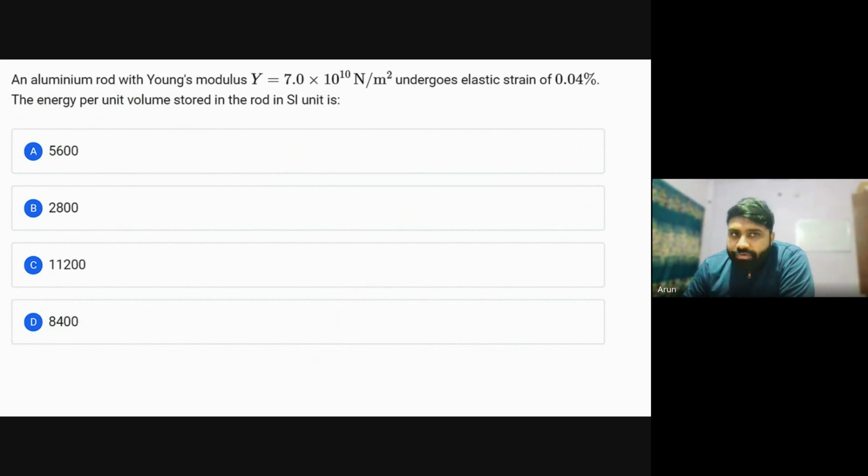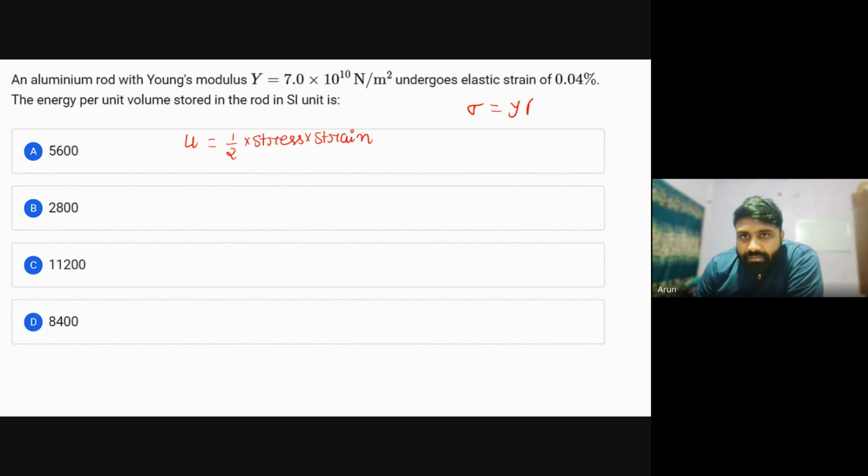The energy per unit volume stored in the rod is, look, the concept that we have learned has been asked in the question. We know that energy density is given by 1/2 times stress and strain. Here Young's modulus is given, which means stress we have taken as longitudinal stress. So sigma equals Y times epsilon, which is the longitudinal strain.